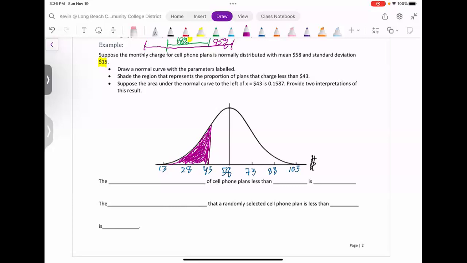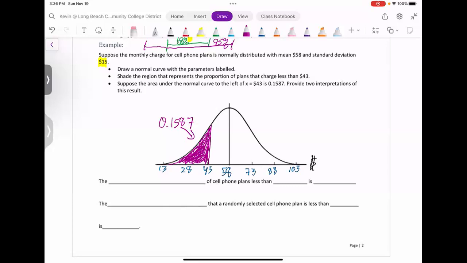And they're going to tell us what that area is. For part 3, it says, suppose the area under the normal curve to the left of $43 is 0.1587. By the end of this lesson, we will know how to find that value.